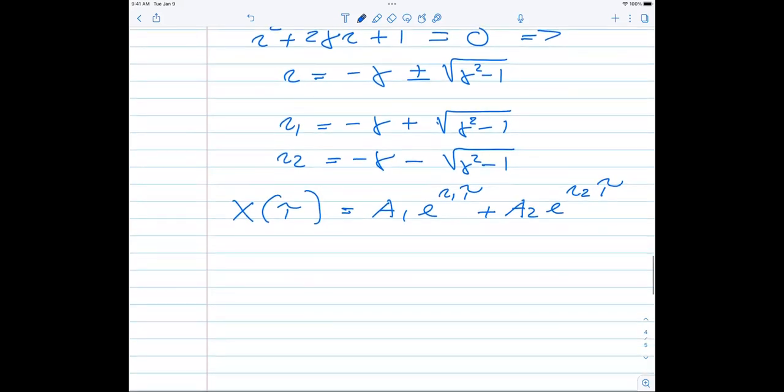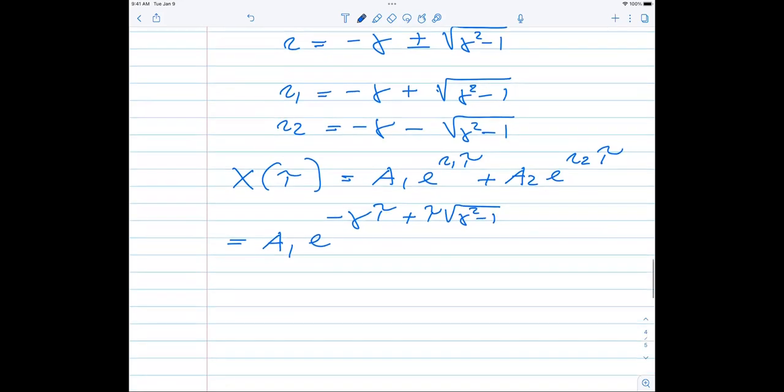And if we now rewrite it in terms of what we have, we have A1 times e to the minus gamma, and gamma is a positive constant, times tau, and then I have plus tau times the square root of gamma squared minus 1, and plus A2 times e to the minus gamma tau, and then there is a minus tau times the square root of gamma squared minus 1.